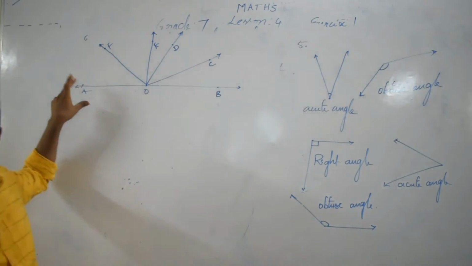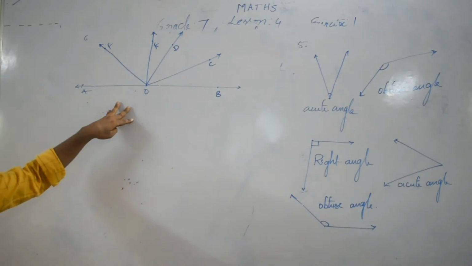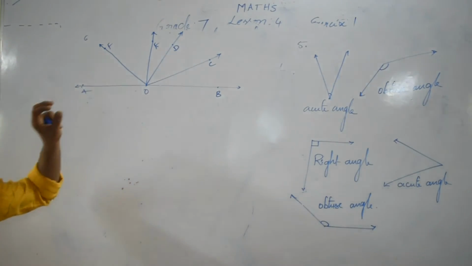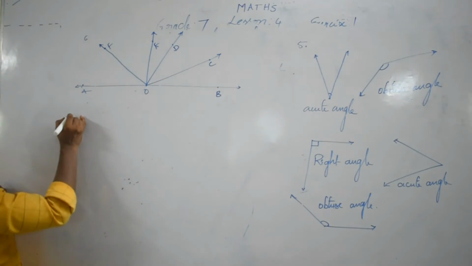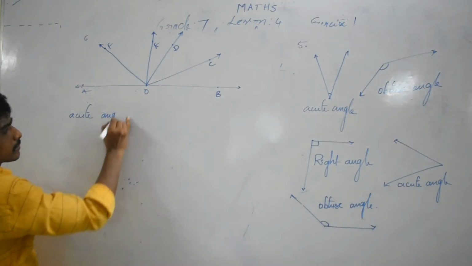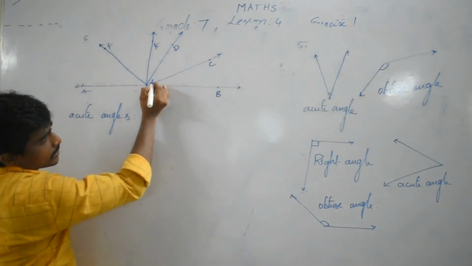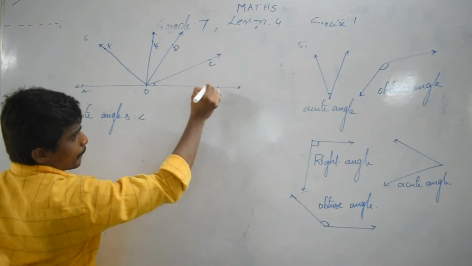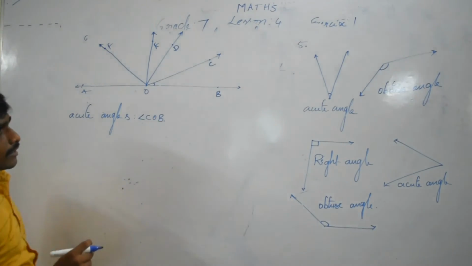In this picture, how many right angles, how many acute angles, how many obtuse angles, how many straight angles? First, acute angles. Here, see, this is an acute angle: angle COB, one acute angle.